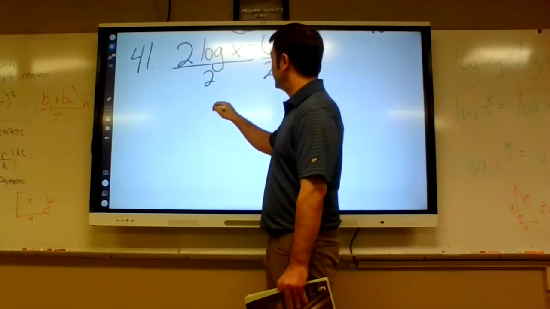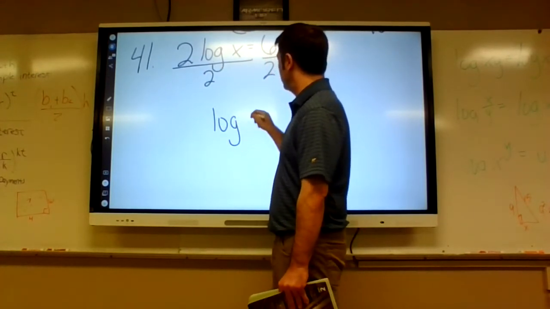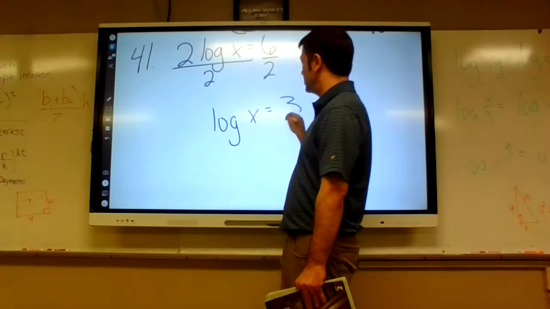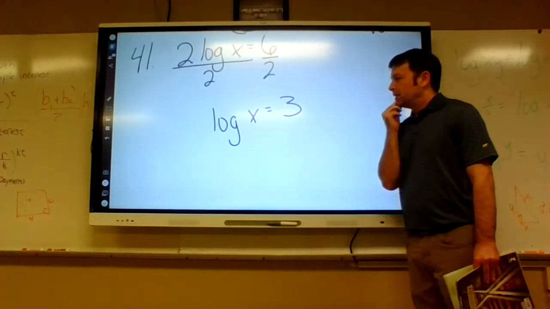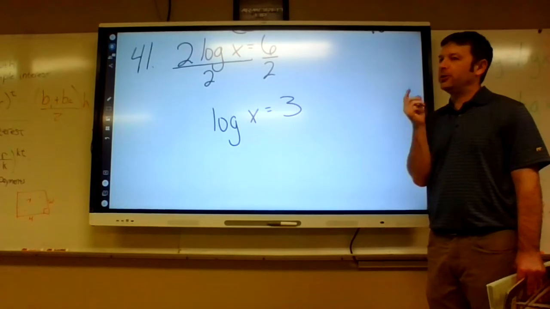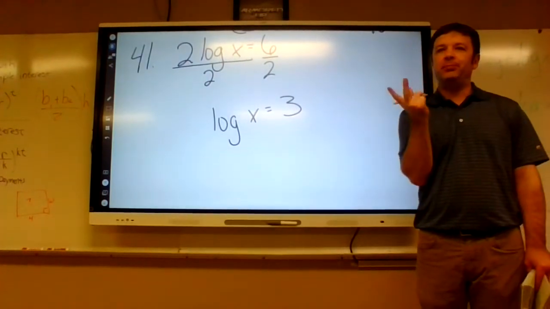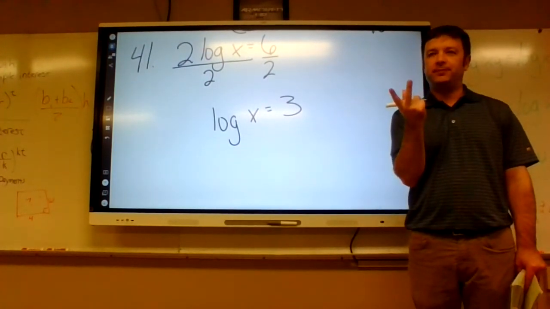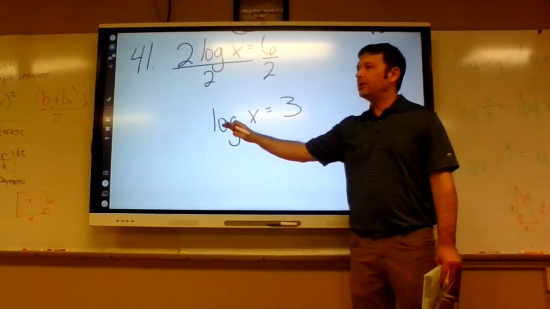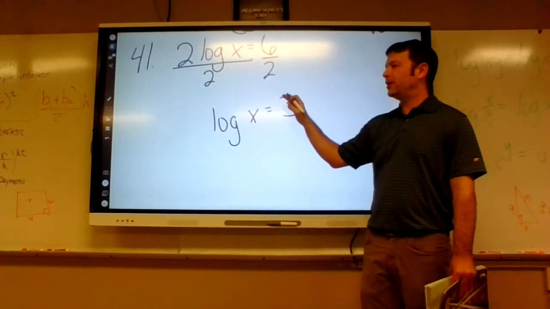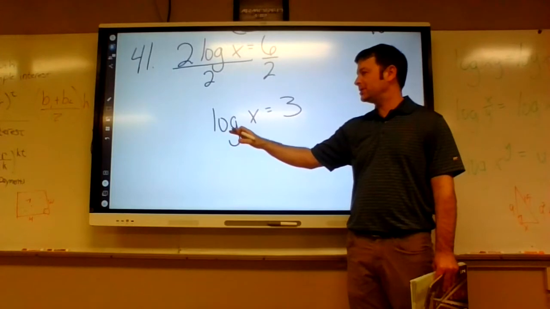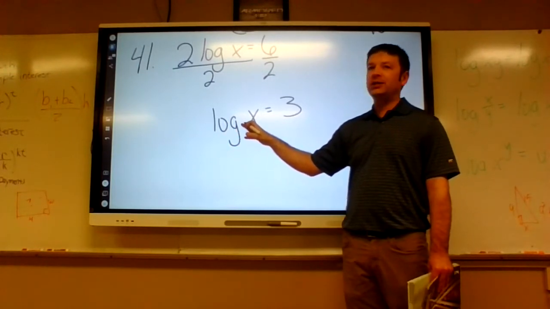So the 2's cancel out, so we get log of x equals 3. Now what? Here's an important point, this will help. If you have a log equation with a variable, usually you have to change it into an exponential equation.